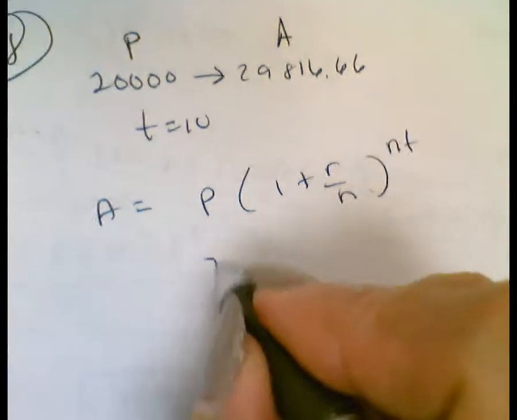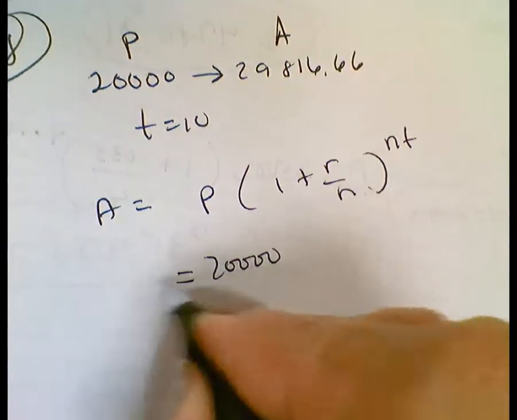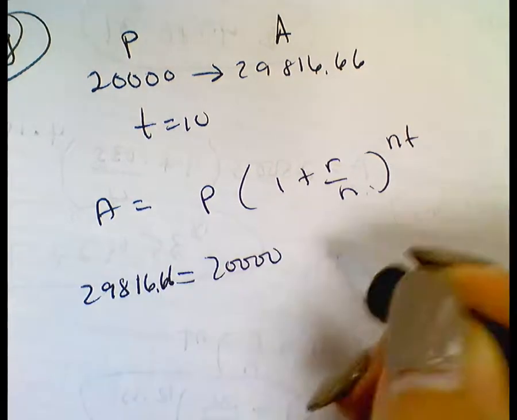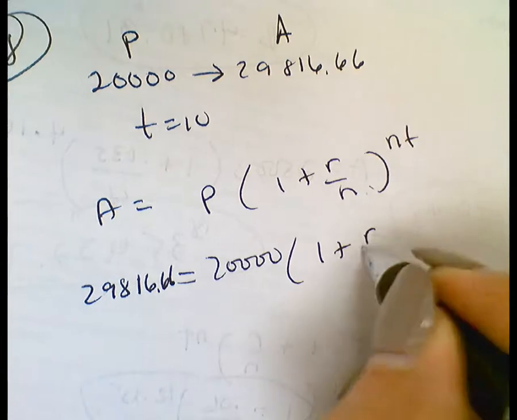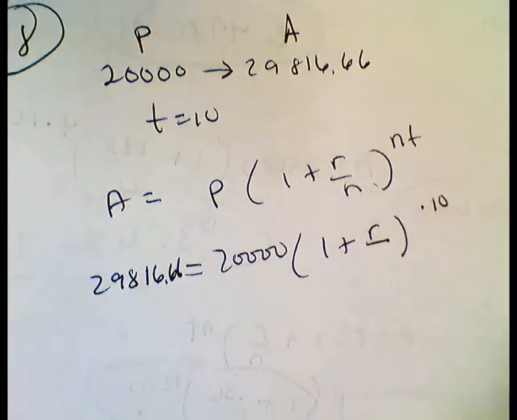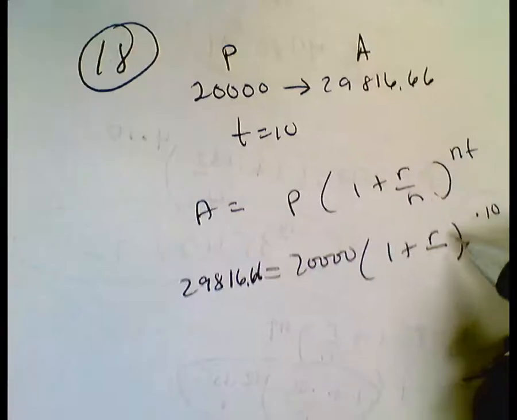So if 20,000 grew to this, what would your interest rate be after 10 years? So the first one says 4% compounded weekly. So if it was 4%, oh, that's the answer. They just wanted to figure out our interest rate.